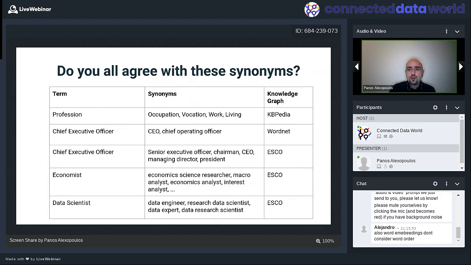The thing is that if you go to ESCO right now and you check its documentation, there's nowhere described what is the rationale behind this kind of definition. It is assumed as a global truth that indeed an economics analyst and an interest analyst is the same thing.